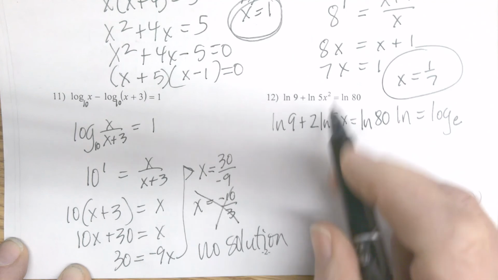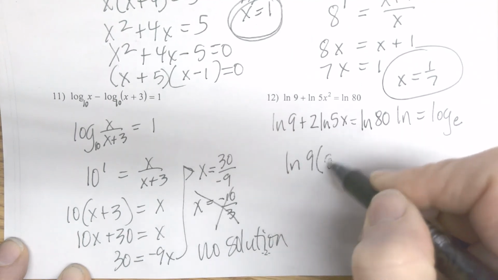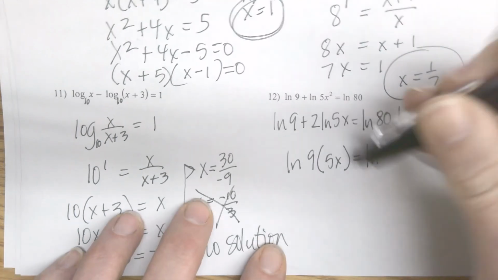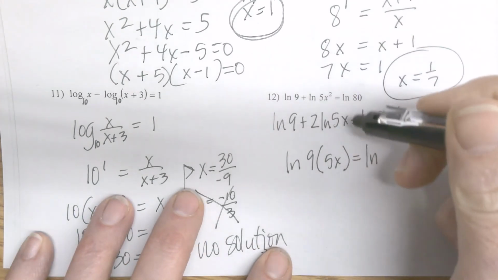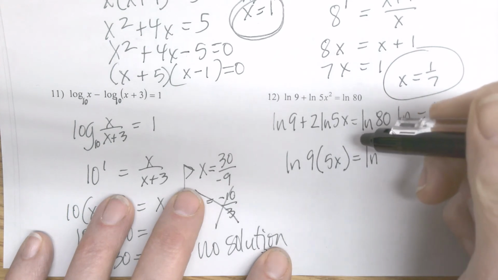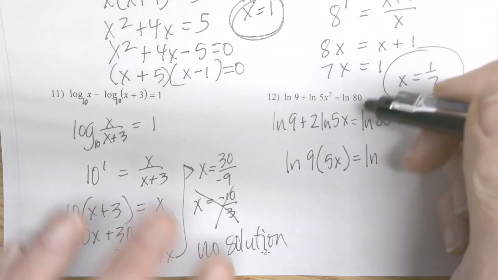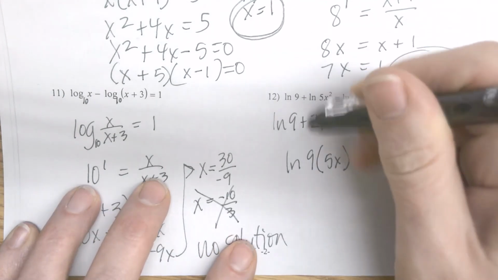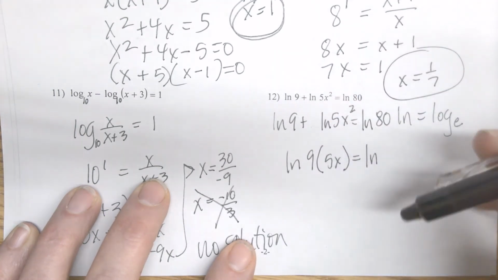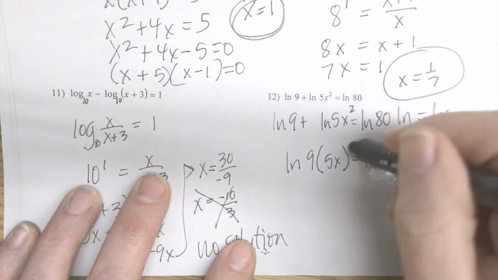Then that addition is ln 9 times 5x equals ln, sorry, I have got to adjust that. Okay, I need to leave that power on there right now. I'll put that there for now, and it's only on the x squared.